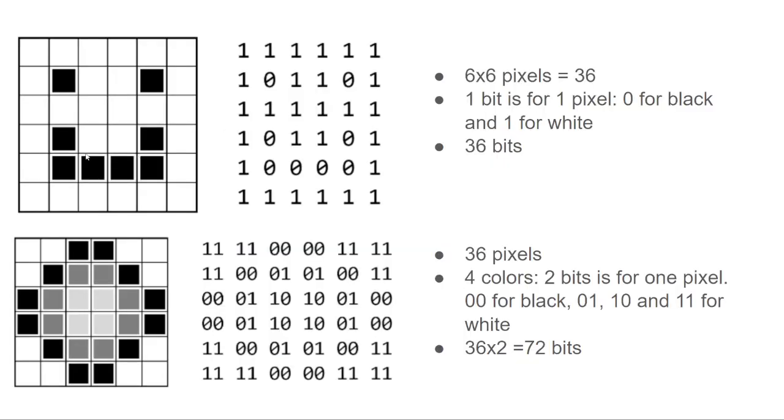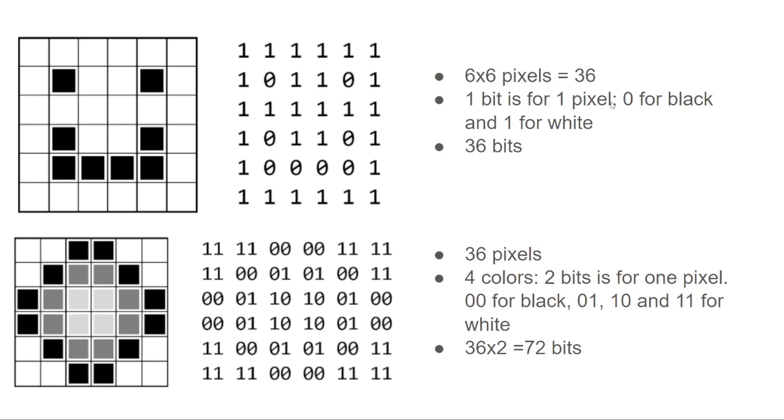So let us consider an image like this. Here for the first image we have only two colors, black and white. How many pixels are there in the first image? Here we have 1, 2, 3, 4, 5, 6, 6 by 6, 36 pixels in this image, and we have only two colors to represent this image.